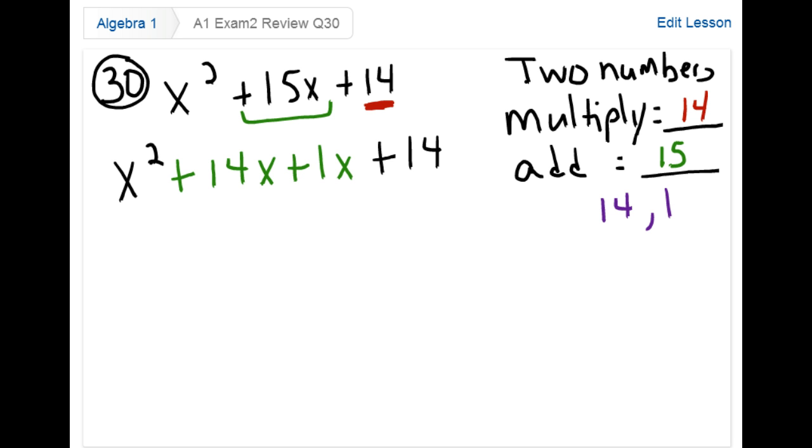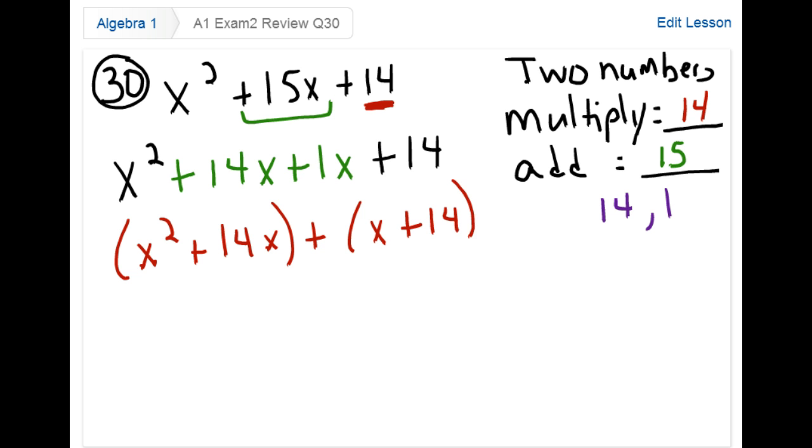Okay, now I'm going to group the first two terms. So x squared plus 14x, plus, and group the third and fourth term, 1x plus 14. Okay, now I look at the first set of parentheses.